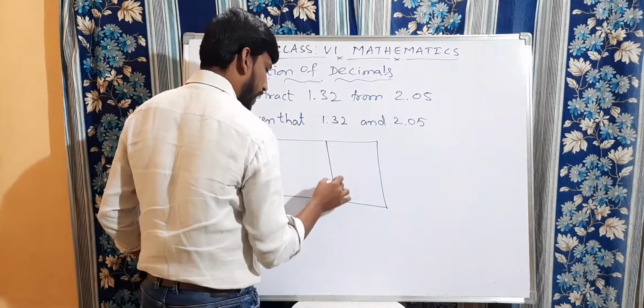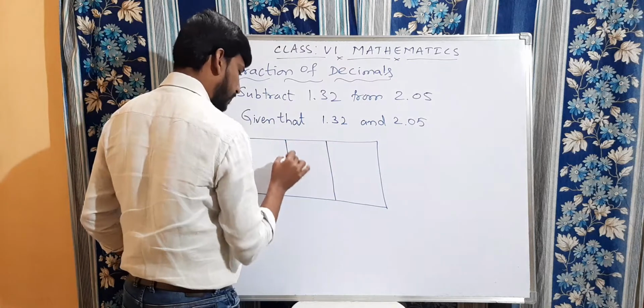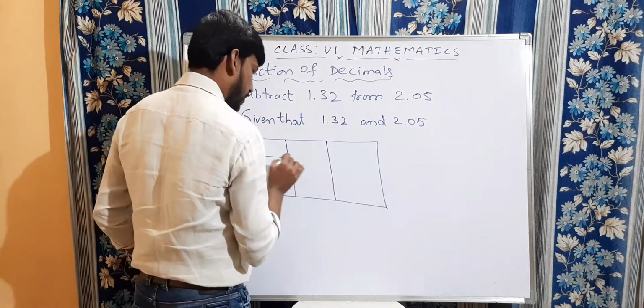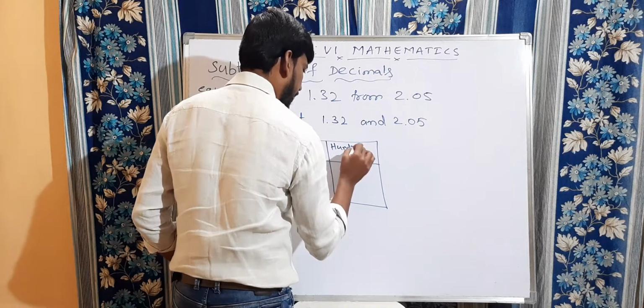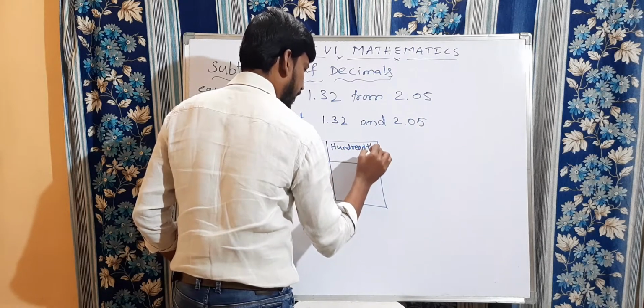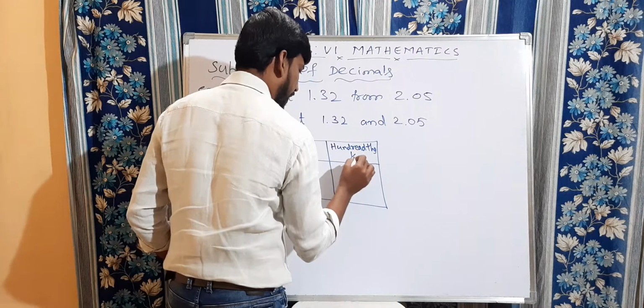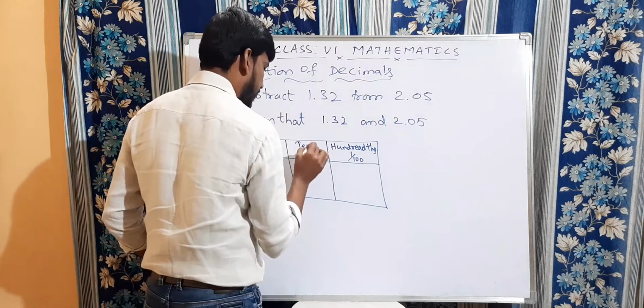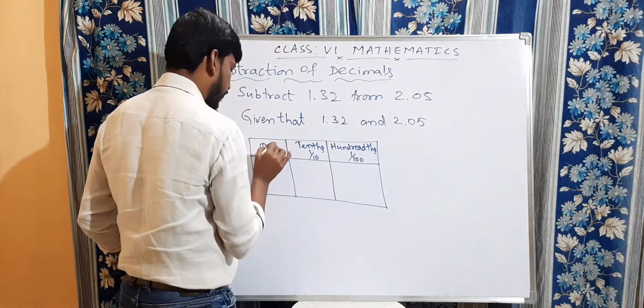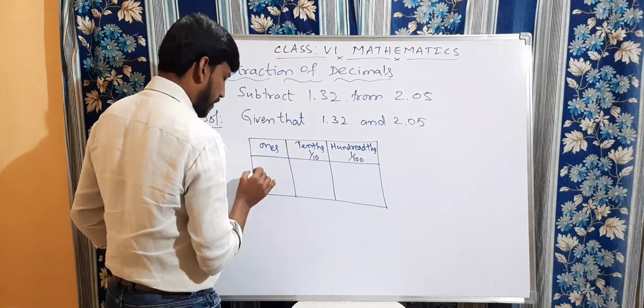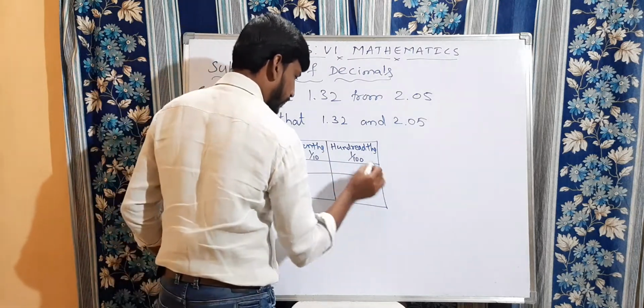So we require only 3 boxes. Clear? This is the 100th place, that is 1 by 100. This is the 10th place, 1 by 10th part. This is the 1's place. Clear? Then write down those two values.